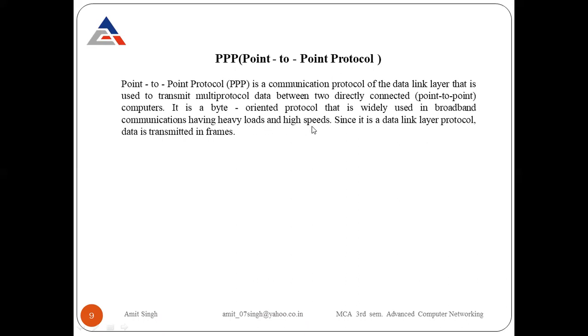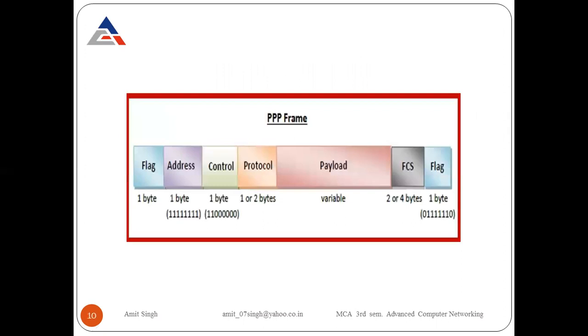Whenever we have a heavy load and whenever we require a high speed of data, then we go for point to point protocol. Since it is a data link layer protocol, data is transmitted in the form of frames. So the data that travels from the sender to receiver travels in the form of frames. So this is all about the point to point protocol.